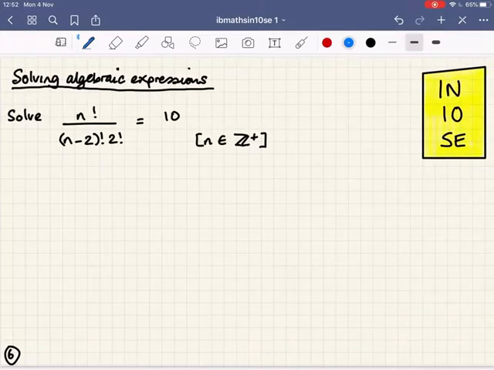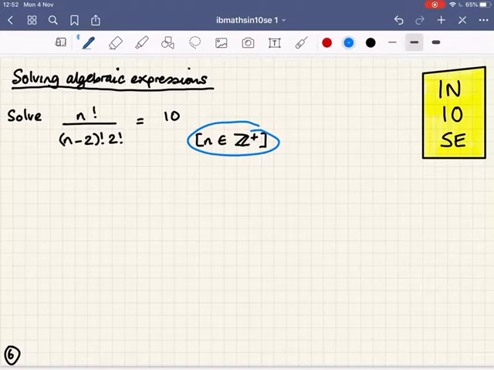I might be asked to actually solve an algebraic expression that has factorials. So here's an example. n factorial over n minus 2 factorial times 2 factorial equals 10. But no need to panic. Notice it says here that n must be a positive integer and is a member of the set of positive integers. So that will limit our answer if there's more than one.